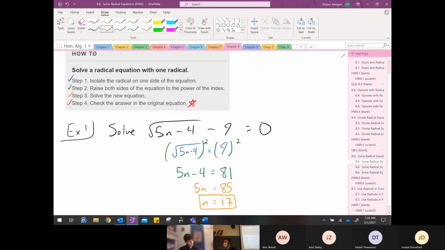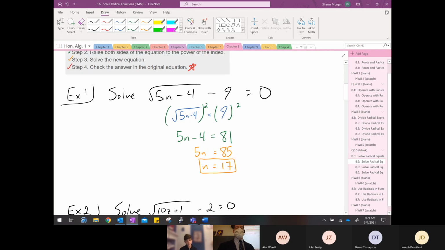And therefore, once in a while, I might get a solution that when plugged in makes the radicand negative, and therefore it is extraneous. So we can't skip step number 4. I put a little star by it because it's a step that a lot of people skip, and as such, it's room for mistakes.